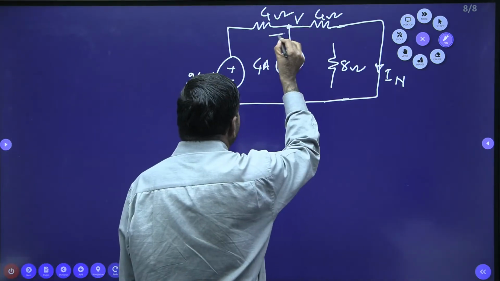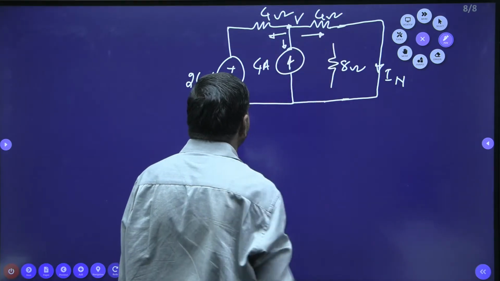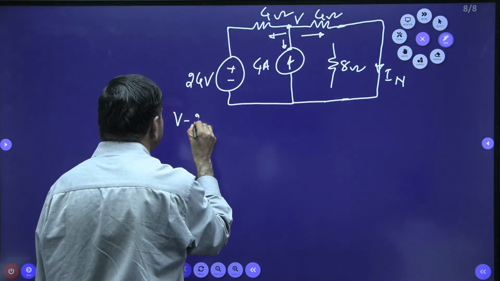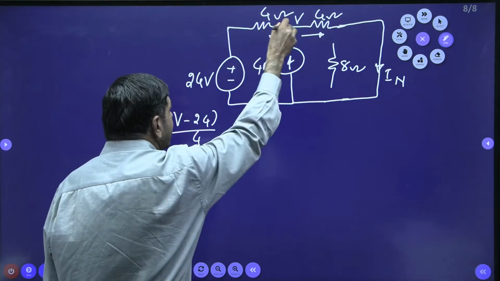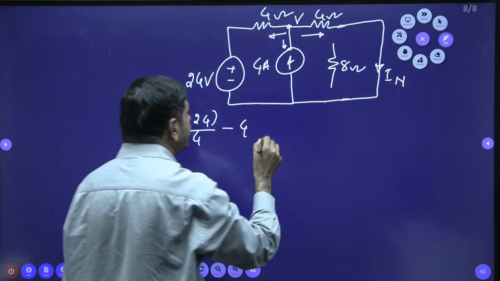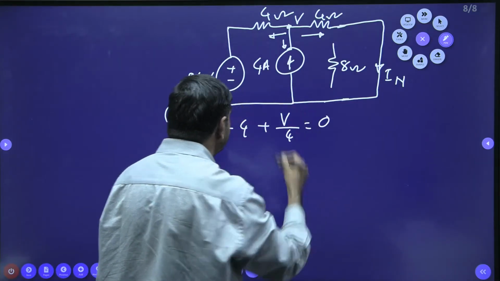By using the nodal, this current plus this current plus this current equals 0. This current is (V minus 24) divided by 4. This current is minus 4, this side. And that side current is nothing but V by 4. Summation of all the currents equals 0.